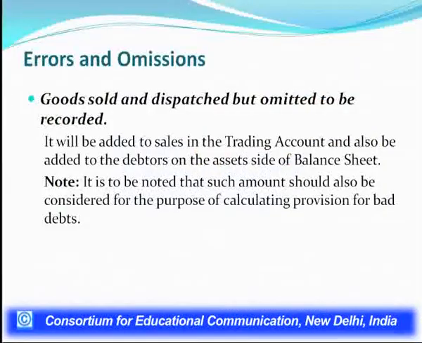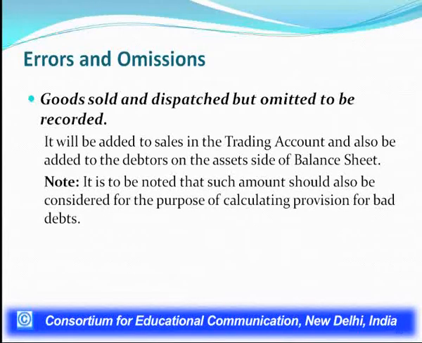One example we are taking here: goods sold and dispatched but omitted to be recorded. So, it is basically an omission. The goods have been sold by the firm and dispatched to the customer, but have not been recorded. The bill has not been either issued or recorded. So, it is a simple omission that the sale of goods has not been recorded. So, we will pass the entry to record the sale of such goods.